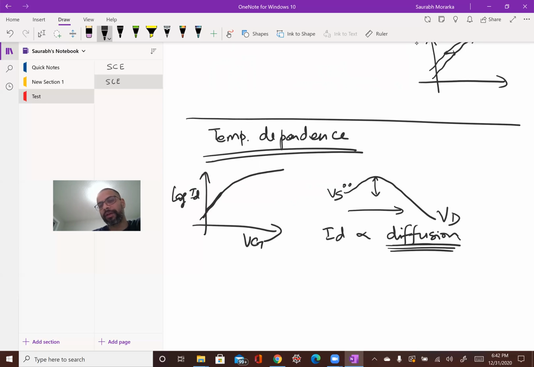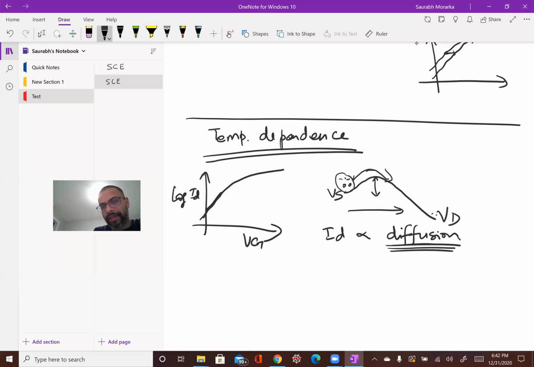It's more dependent on the fact that if there are more carriers on one side, they're just going to invariably spill into the area which has less carriers. And they're being dominated by how much energy those carriers have. So if they are very energetic, they would tend to hop over this barrier more easily.